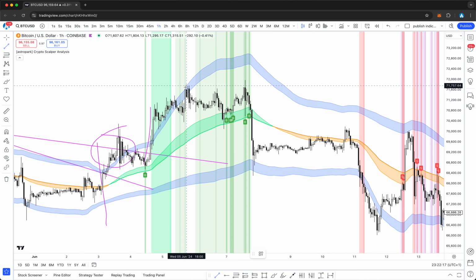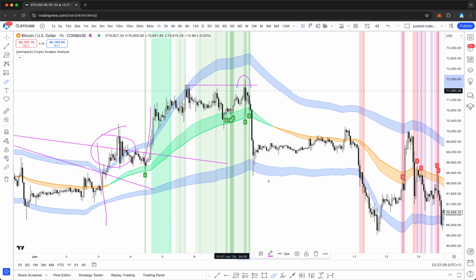You see, price basically making here a swing failure pattern. Hard rejection here of the recent high, and then price dropped, but where? Here.